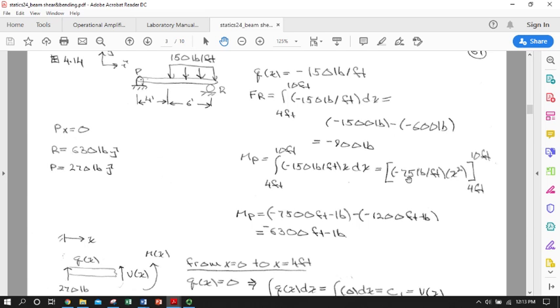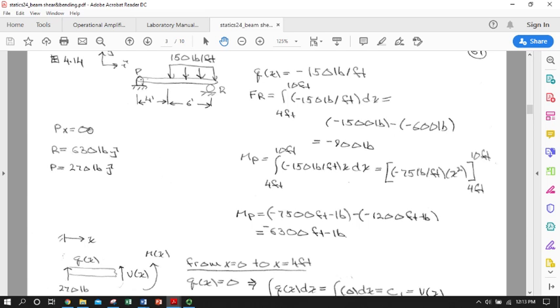And so we integrate a polynomial, plug in our limits of integration, and we find that we get a resultant moment from this distributed load equal to negative 6,300 foot-pounds. And we can use that. We can use the total resultant force from the distributed load and use that to solve the hinge forces at P and at R.